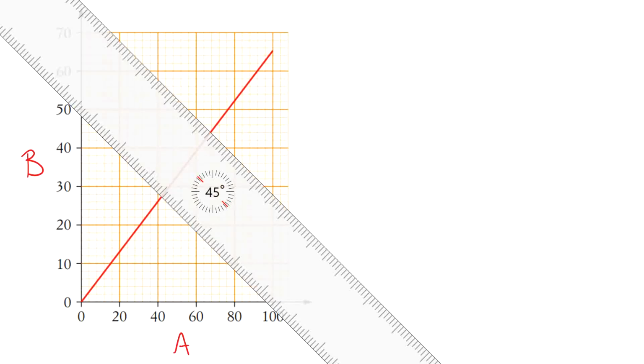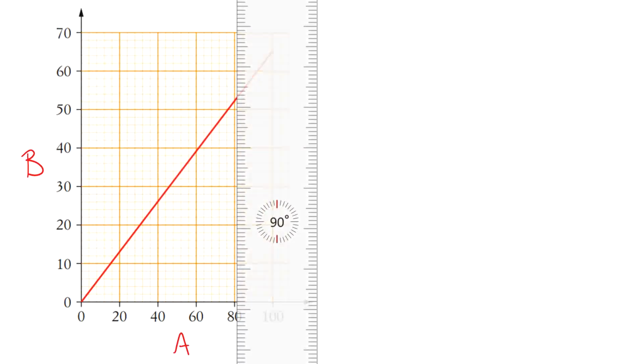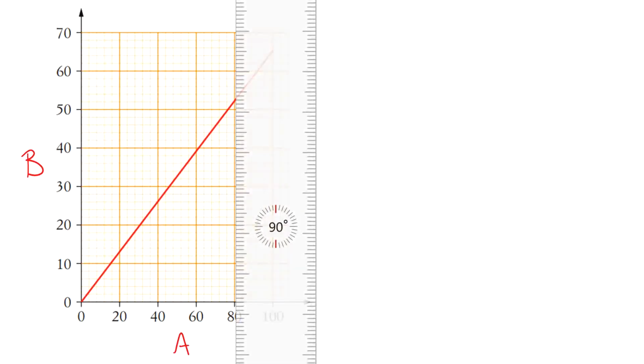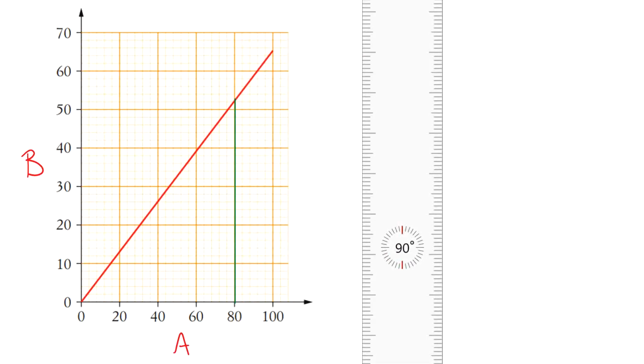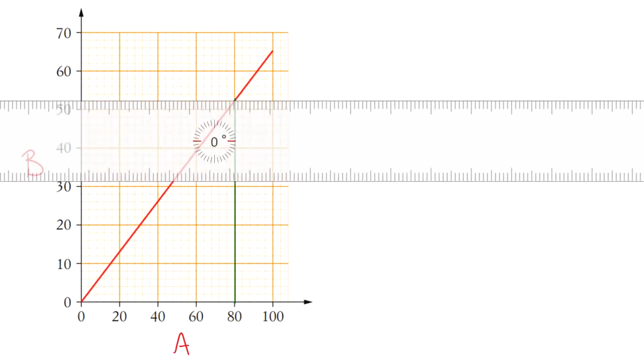I'm going to bring out my ruler and find out what $80 of currency A is in currency B. I know I have $80 of currency A, so I draw a straight line up until it hits that red spot right here. Now that I've hit that, I need to draw a line going straight across to the y-axis.